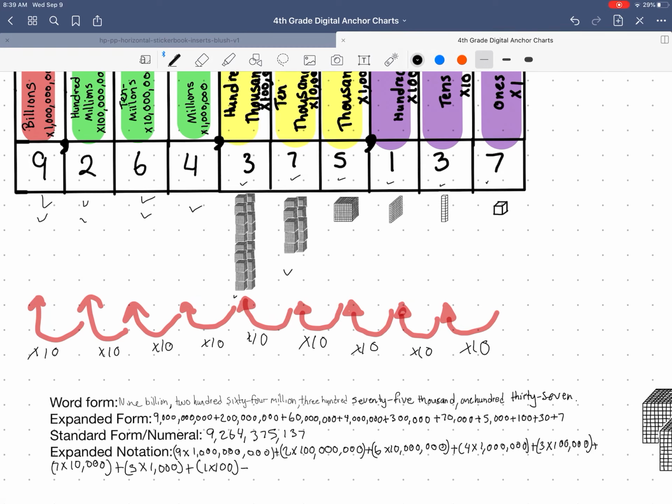Parentheses plus 3 times, post parentheses. And that's it.